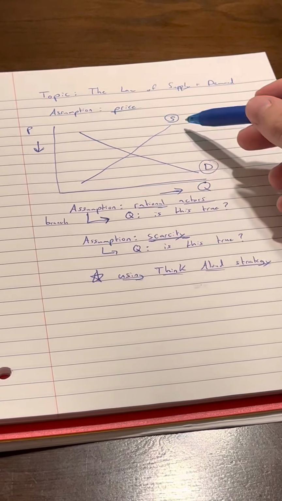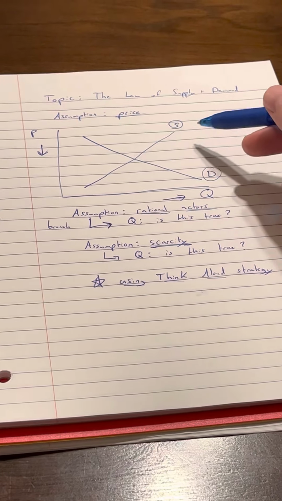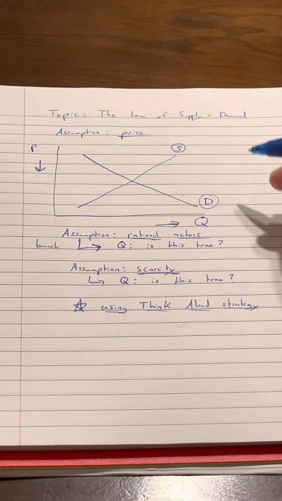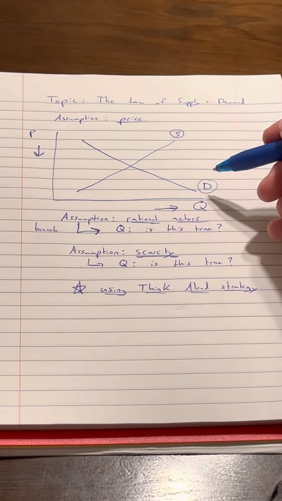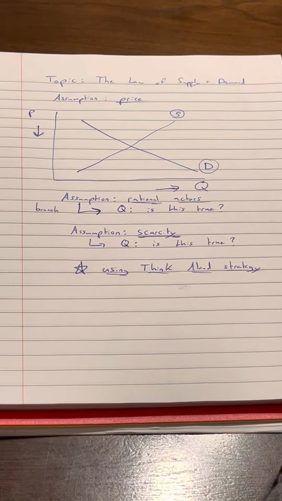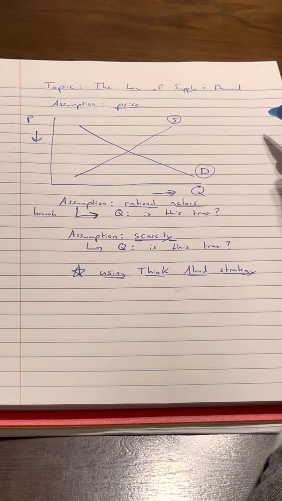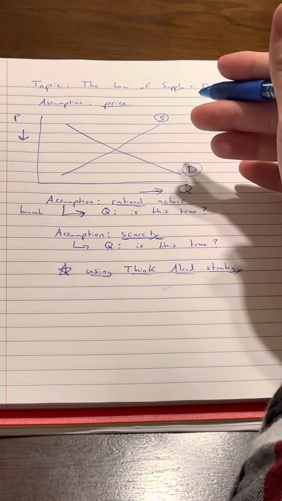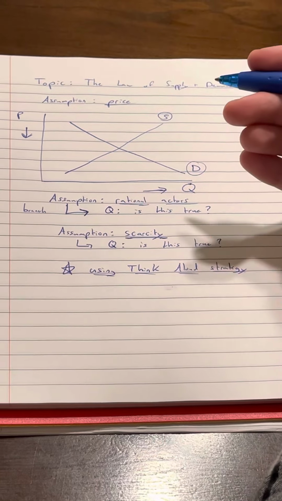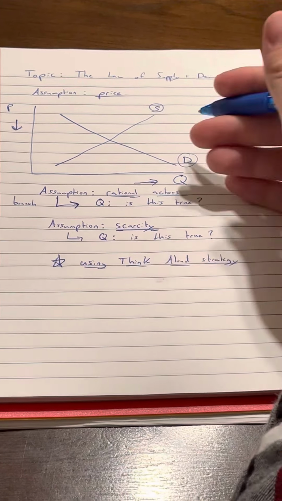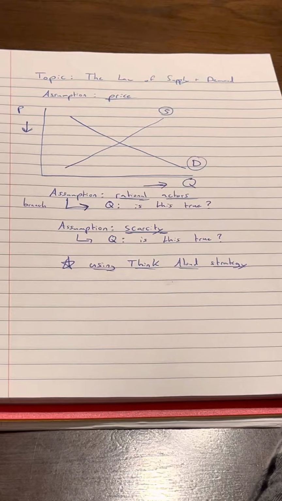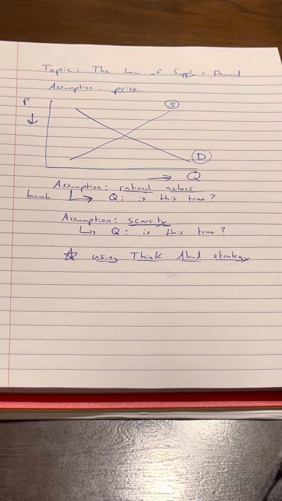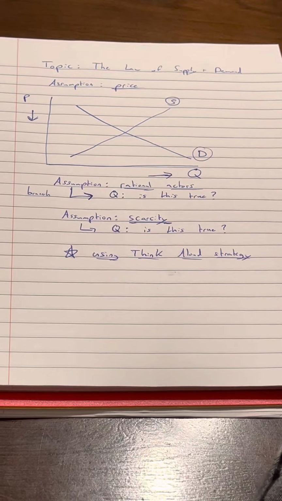Okay, so the law of supply is kind of the opposite in a lot of ways from the law of demand. If something is very cheap, right? I, as a person who's trying to make a living, would have to sell a lot of them to make a lot of money.